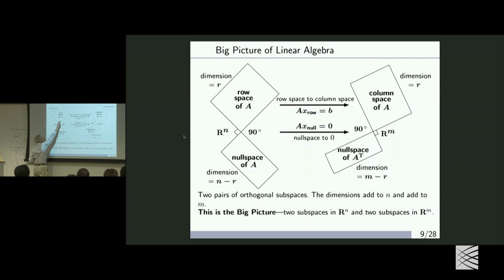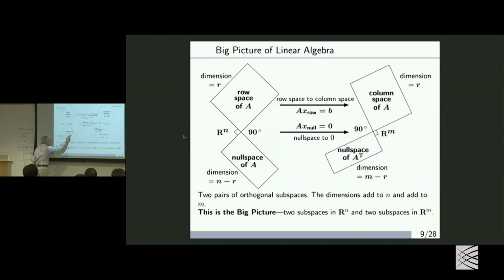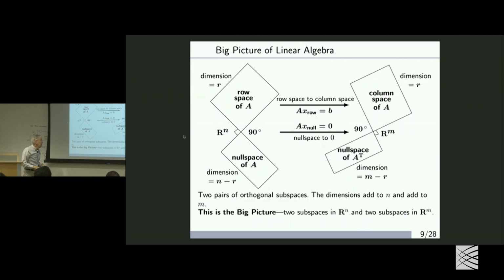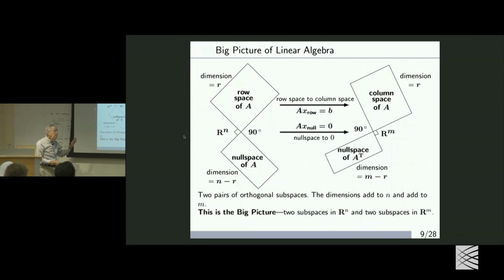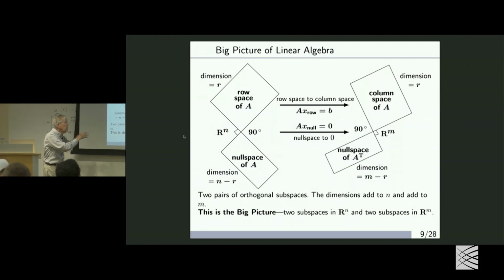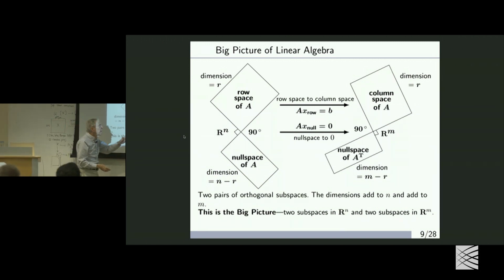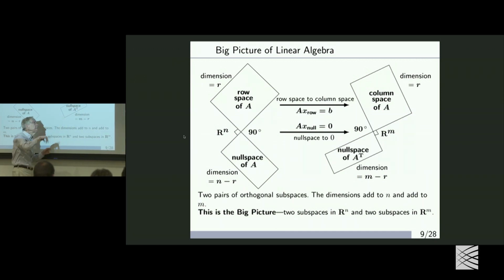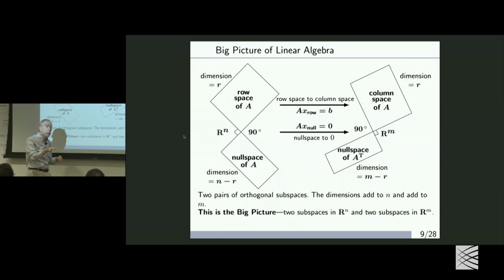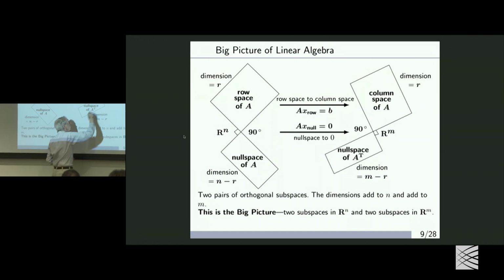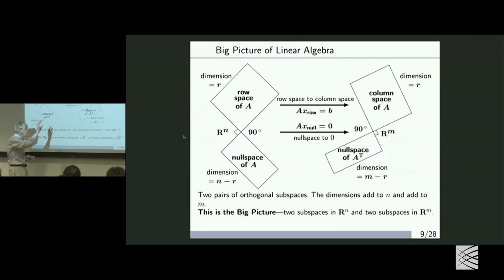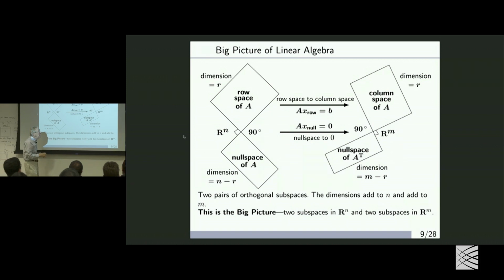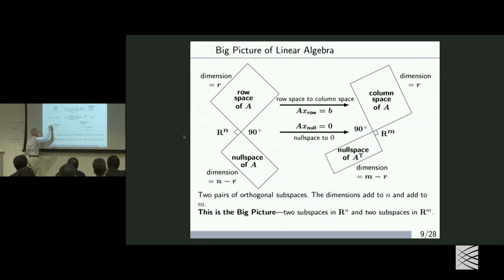This has dimension R. This has dimension n minus R. And that's the result of looking at rows. Over here is the result of looking at columns. So we looked at the columns of that 3 by 3 matrix. There were only 2 independent columns, so that was a plane. And then the null space of A transpose would be one-dimensional because I want to get altogether 3. So 2 and 1 there, 2 and 1 here.